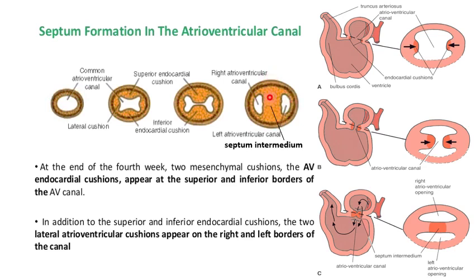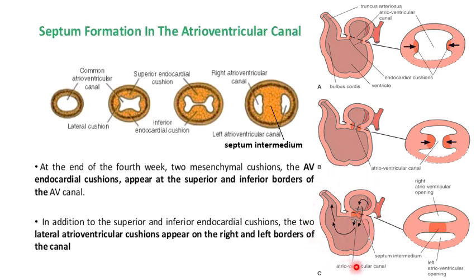The formed septum is called septum intermedium. Once the septum is formed, from the right half of the atrium, the blood flows into the right half of the ventricle, and from the left atrium, it is flowing into the left half of the ventricle.